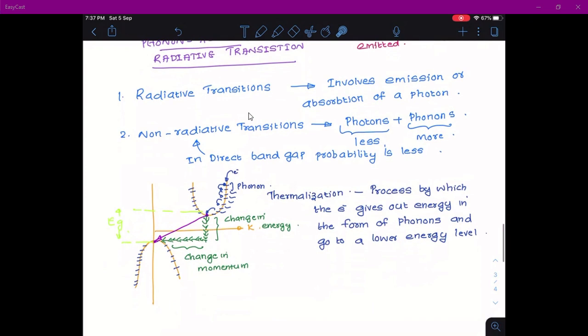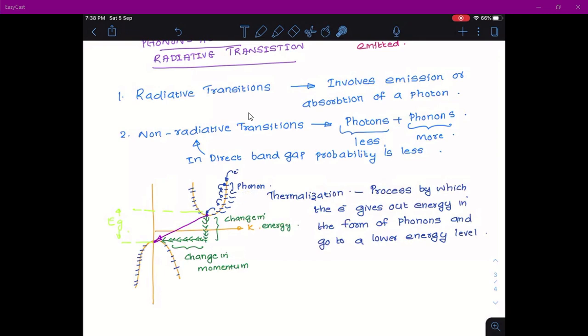And we saw what thermalization is, where if there is an electron at the top of the conduction band, it tries to come down to the bottom, because there are multiple energy levels in this conduction band, and while coming down it will emit a phonon, because the energy difference between any two adjacent states in the conduction band is very small. So while jumping down it cannot emit a photon because the energy is very small, but it will emit a phonon.